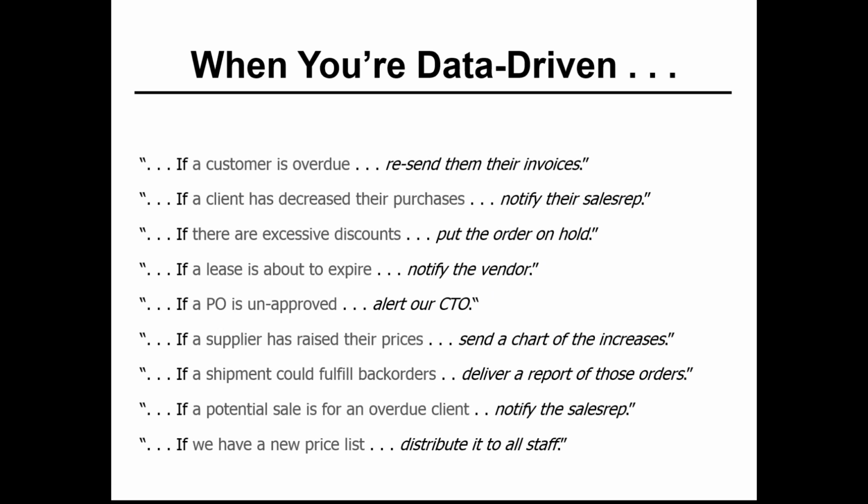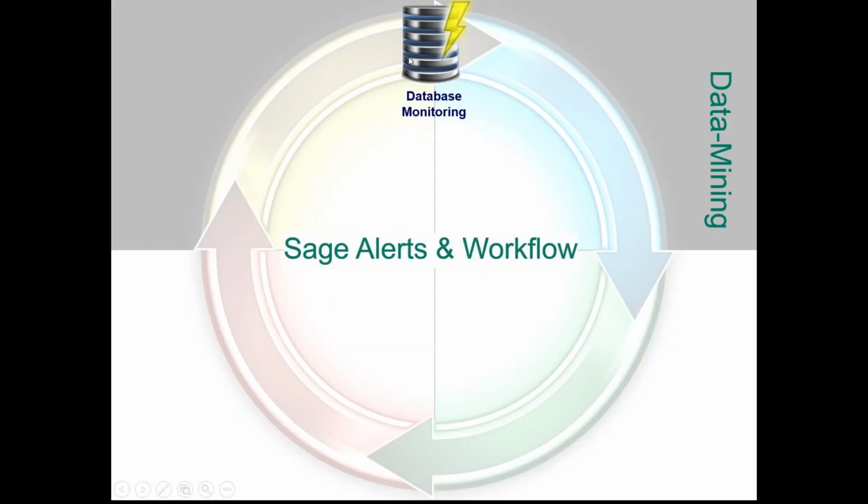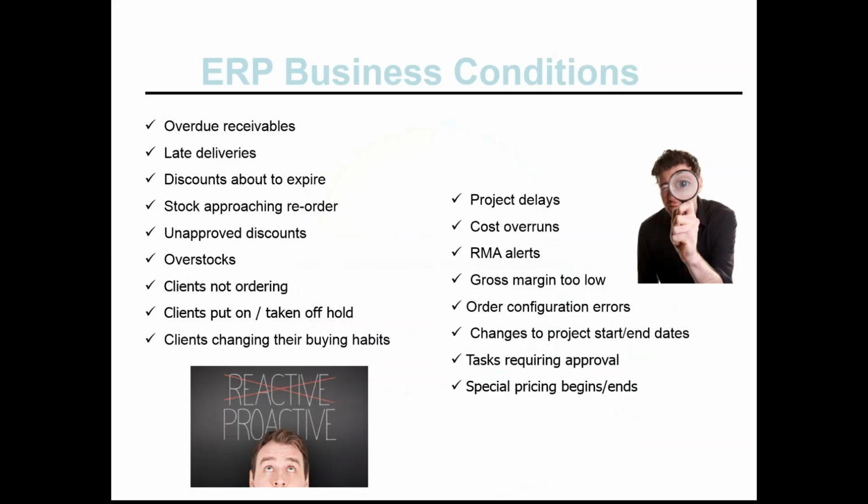So let's drill down a layer deeper into the solution, Sage Alerts and Workflow. It starts out by monitoring your Sage 100 application for any business conditions that are important to you. And that last phrase bears repeating, any business conditions that are important to you.